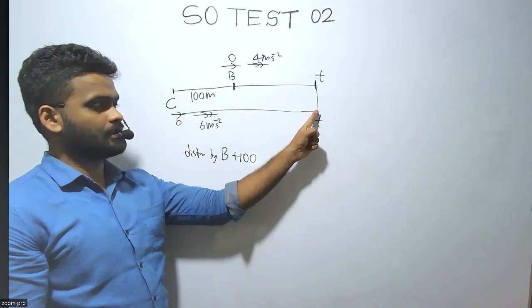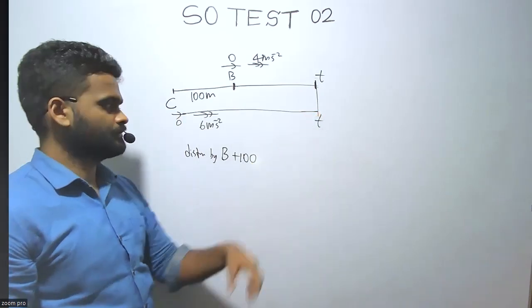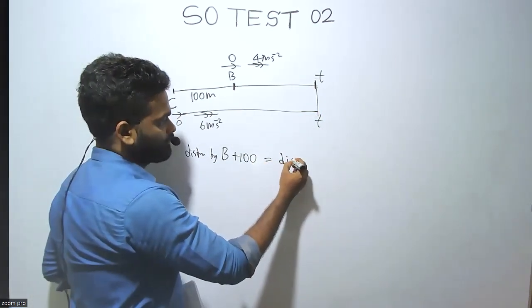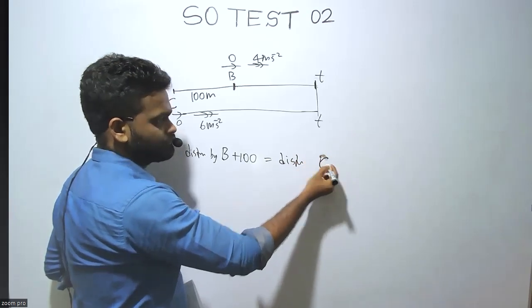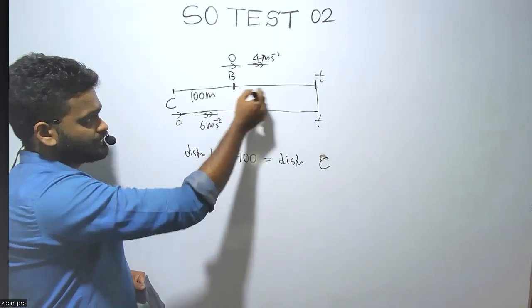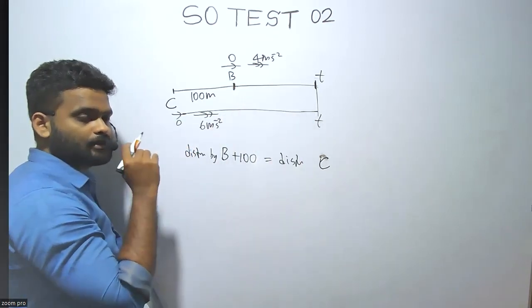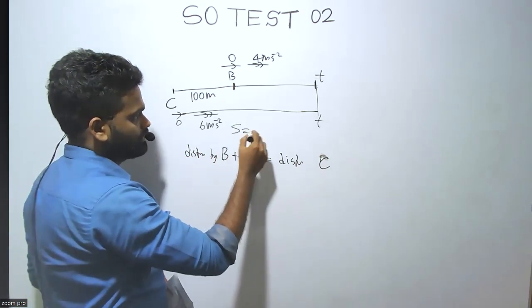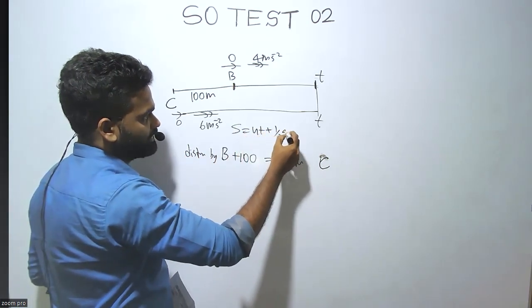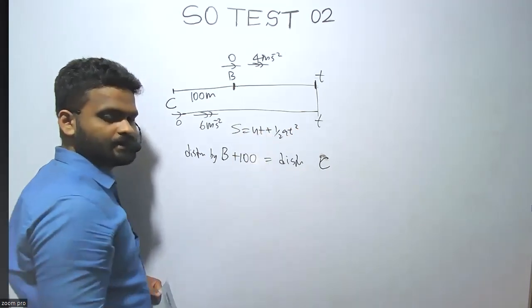Distance by the car. Got it? Since there are accelerations, you cannot apply ut, right? What do you have to apply? ut plus half a t squared, because there's acceleration here.